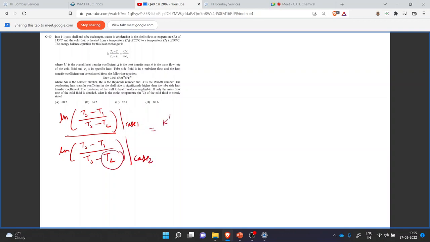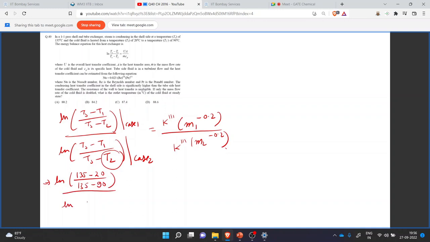It will be equal to a triple dash m1 upon a triple dash m2 raised to minus 0.2. Now Ts we were given as 135 degrees Celsius, so we just replace those numerical values: ln of 135 minus 20 upon 135 minus T2. T2 we have to find.